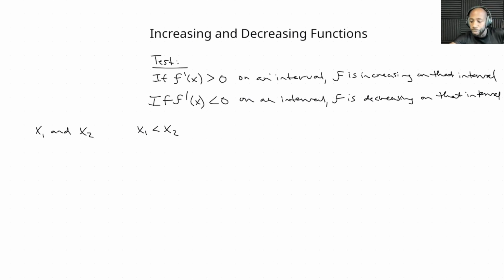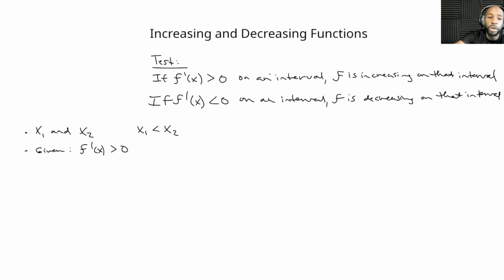Then you're given, and I'm going to mark these with a bullet point, that the first derivative on this interval is greater than zero, so it's a positive first derivative. Obviously if the derivative on this interval is greater than zero, that means this function is differentiable. In other words, the derivative exists.